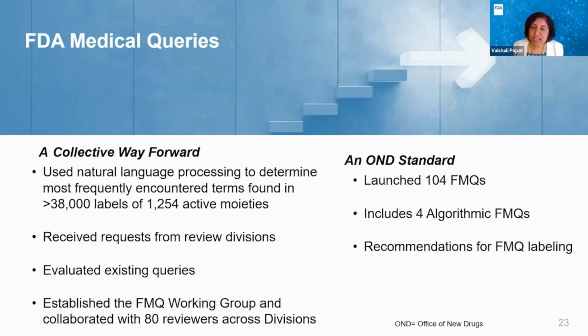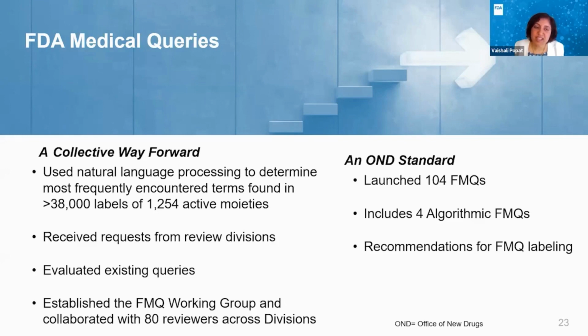We also evaluated existing query systems. So we have the standardized MedDRA queries. Later on, you'll hear from Dr. Ellis Unger about his set of queries. We evaluated those. There are other queries that are available, DMEs, MLGs.